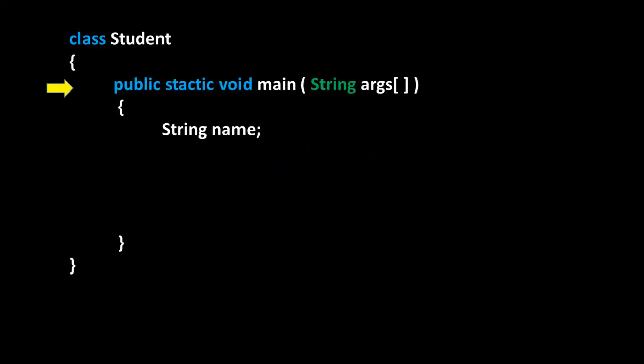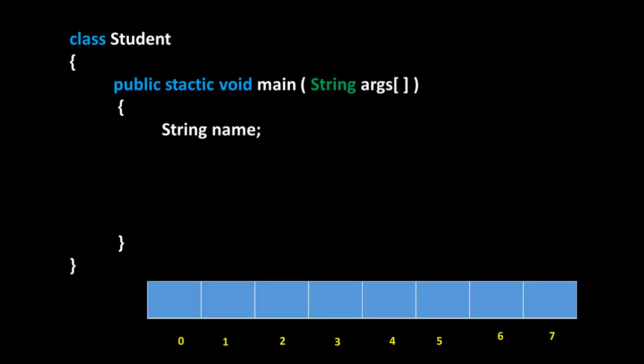Now, let's see. Here, I create a variable. That is, we simply call it String name. Once I create the string name, it simply creates the array. And then I initialize my string variable, which I named name.